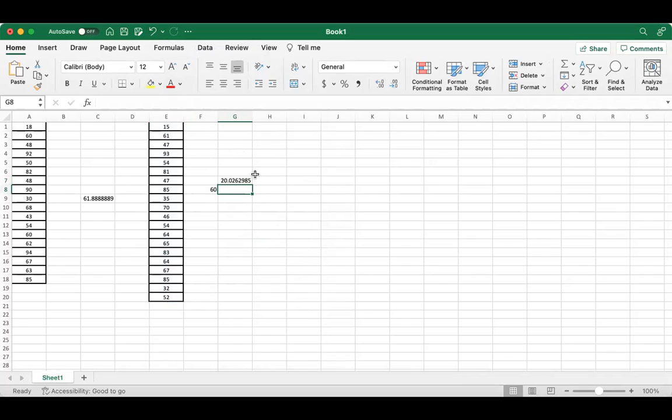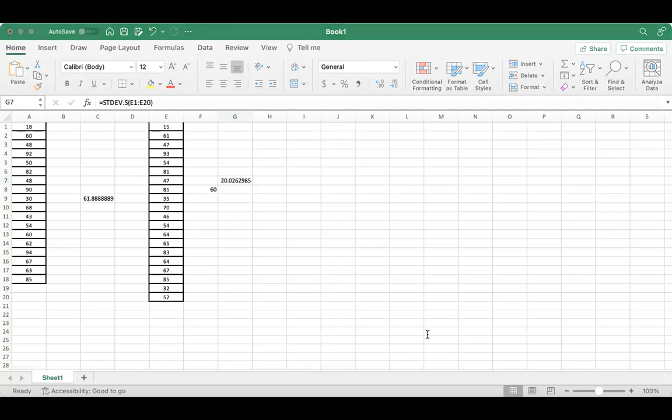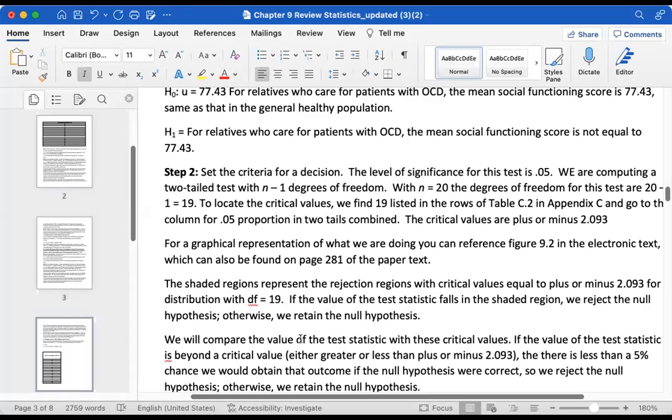Yeah. 20.02. So I'm going to plug that back in here. Is that right? Yep, 20.02, or 20.03 if we round.